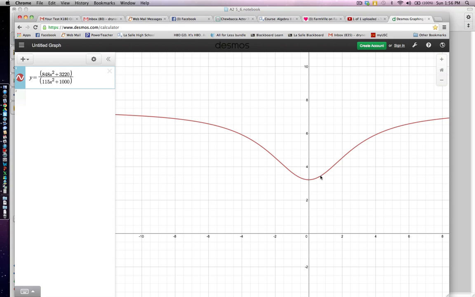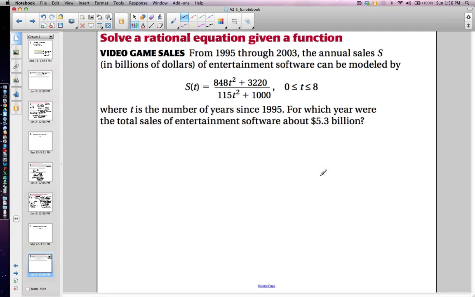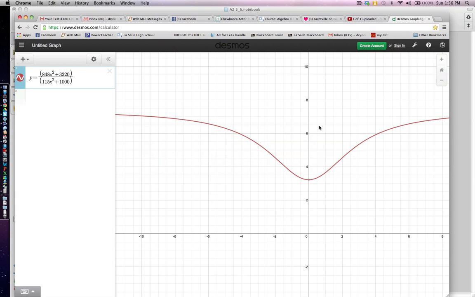Let's go back to our question: where is our total sales 5.3 billion? Looks like it's right around there, in 3 years, 5.33.